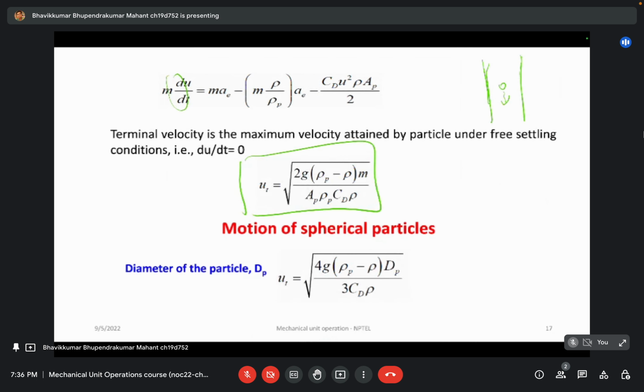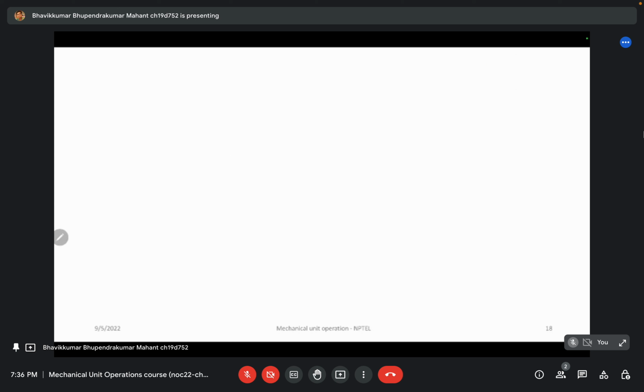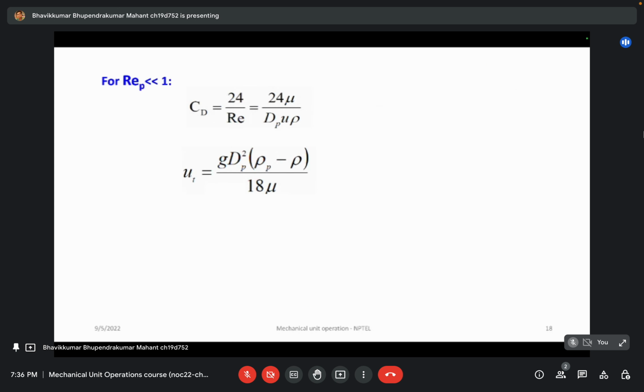Now the motion of spherical particles. Here if you consider spherical particles, then we need to put in the values for the sphere, where the diameter of the particle is dp. Then the whole equation is converted into ut equal to under root of 4g delta rho dp upon 3 CD into rho. Now here again we consider low Reynolds number and high Reynolds number, and the difference in the terminal velocity or settling velocity.